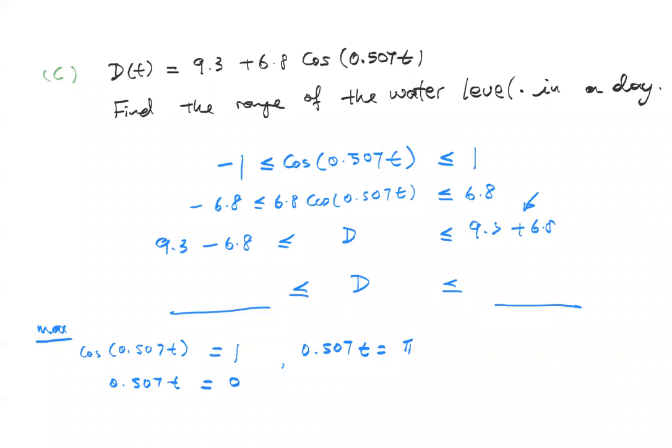So you dapat t lah. So t is within 1 day, correct? So t cannot be more than 24, correct? So you count lah. 2 pi divided by 0.507. So at the beginning, midnight is the highest. Betul tak? So 12 a.m.